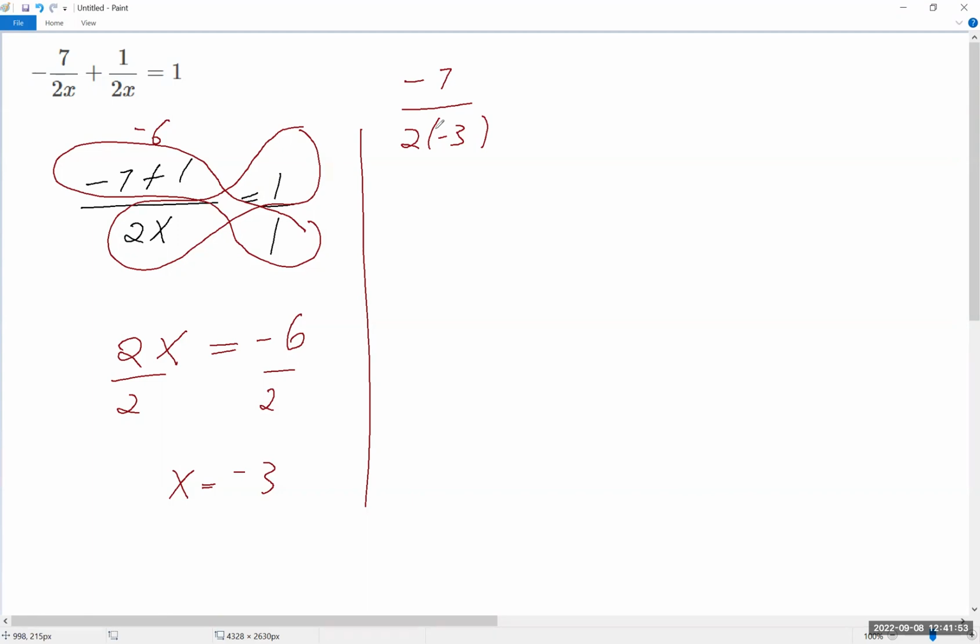So if you could check your work, that would be great. So this is -7 over 6 plus 1 over -6.